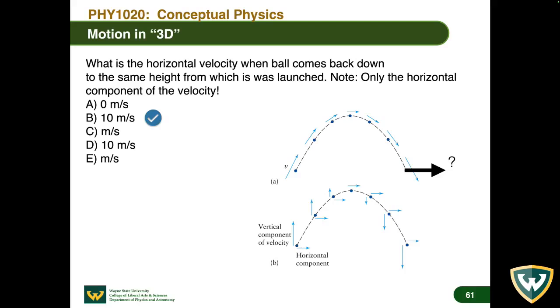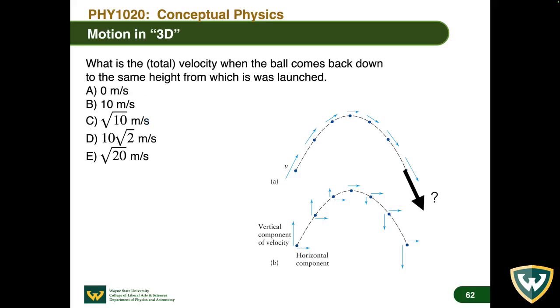The acceleration of the ball is only along the vertical axis. So throughout, the ball goes at 10 meters per second in the horizontal direction. But in the vertical direction, it first goes up, stops, and then comes back down.